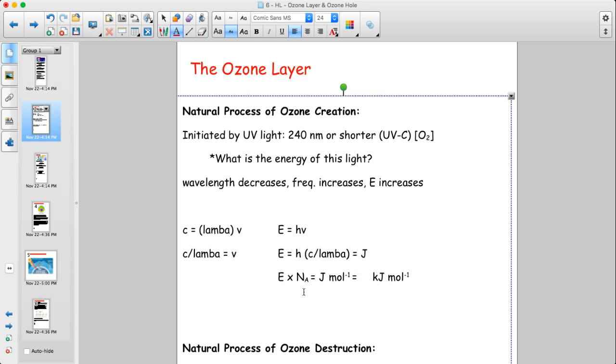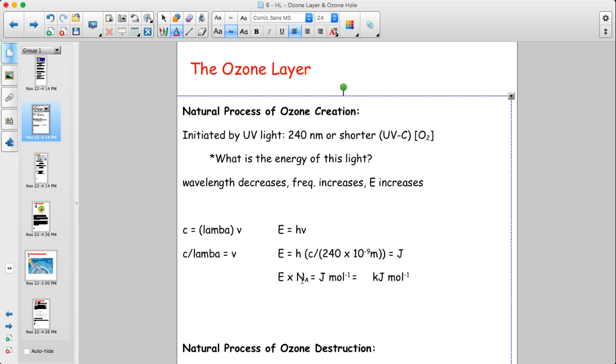And what you actually find is that when you plug in the numbers, so if you look in table 2 and you get the value for Planck's constant, and you look in table 2 and you get the value for c, the speed of light, and we plug in 240 times 10 to the minus 9 meters for our 240 nanometers, so we plug in those constants and we divide by this wavelength, we'll get an energy out.